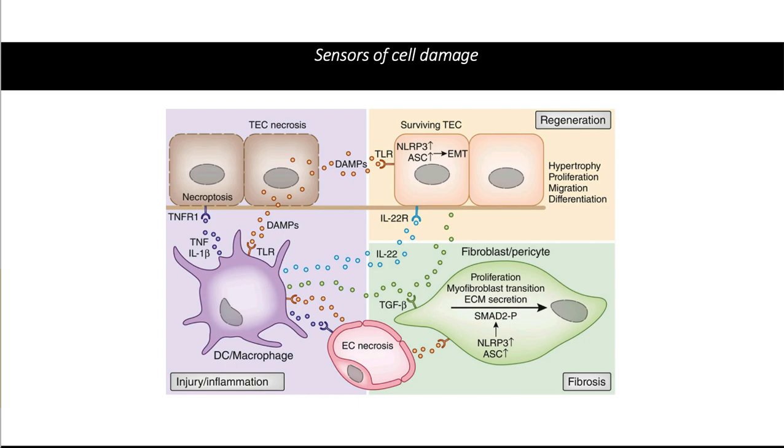Gain-of-function mutations in the cytosolic receptors are the cause of rare diseases known as autoinflammatory syndromes that are characterized by spontaneous inflammation. Interleukin-1 antagonists are effective treatments for these disorders.